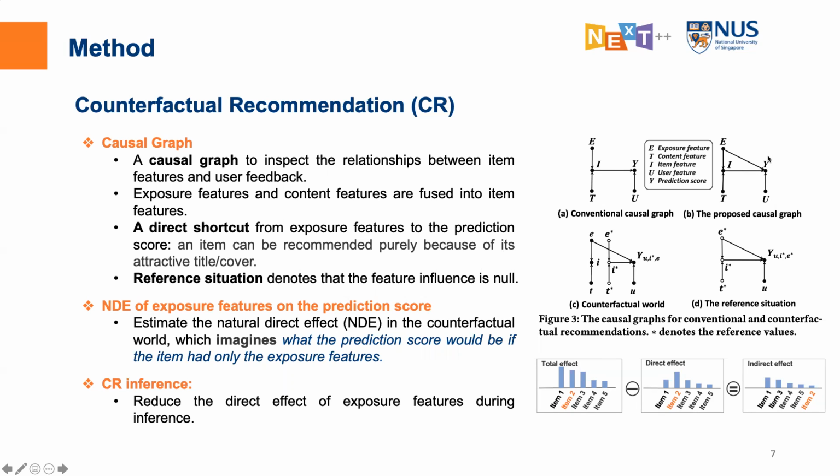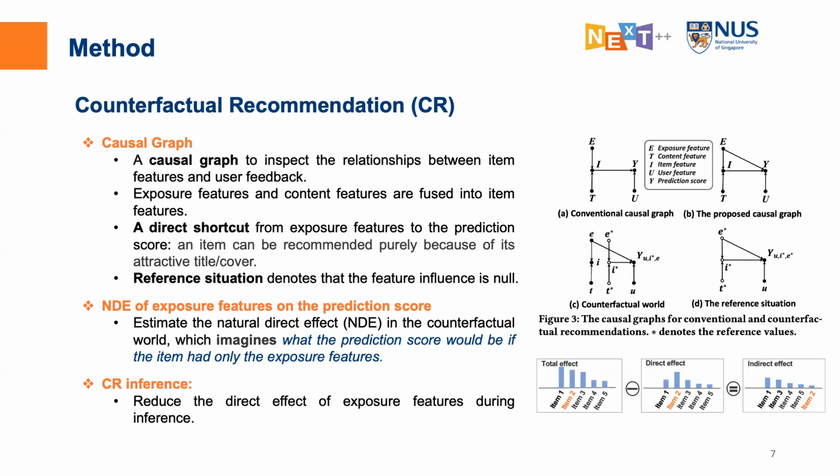Yeah, a good question. Actually, it's similar, right? So if there is some direct effect from the exposure feature to the prediction score, there should also be a direct effect from the content feature to the prediction score, right? So it's a similar thing. The reason we didn't model it is that we don't want to mitigate the direct effect of the content features during inference.